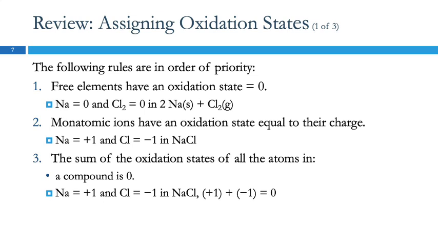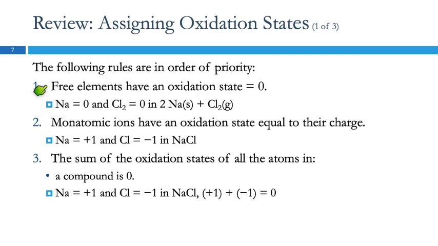So, a review of oxidation states. Remember, oxidation states are not ionic charges. They can be easily confused with ionic charges because oftentimes the oxidation state and the ionic charge are the same number. But oxidation states are made up, and ionic charges are real measurable charges.